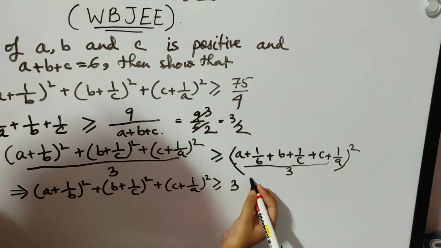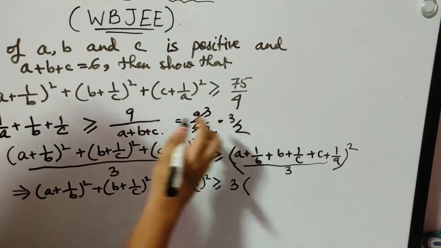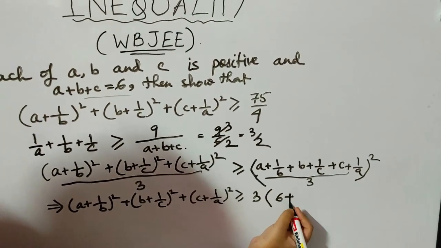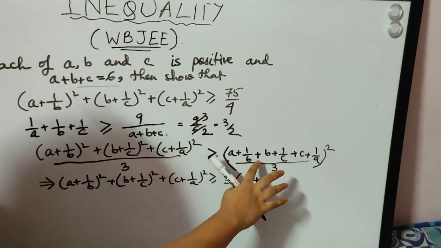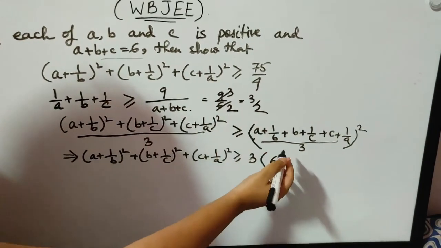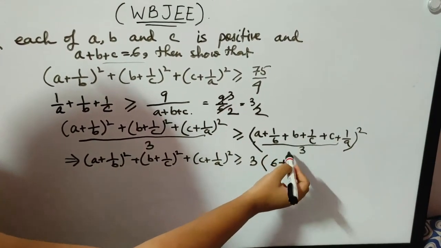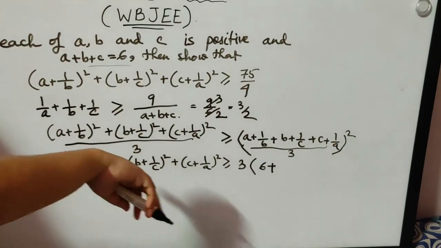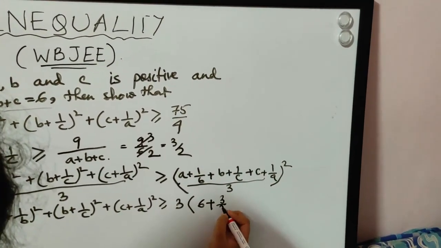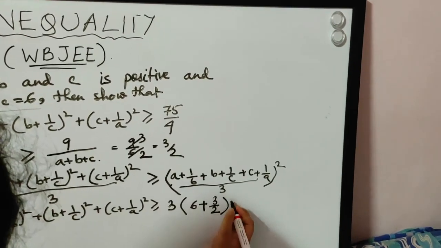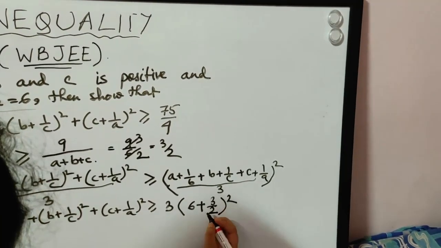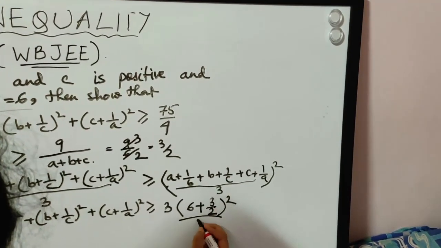3 into, we have a plus b plus c as 6. So 6 plus 1 by a plus 1 by b plus 1 by c, which is greater than or equal to 3 by 2. So over here we have to apply that inequality. So we will get (6 plus 3 by 2) whole square divided by 3 square.